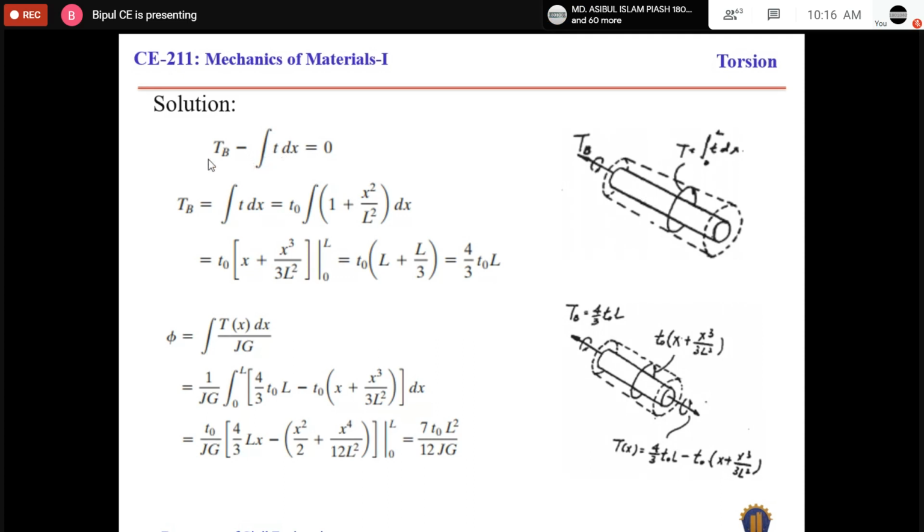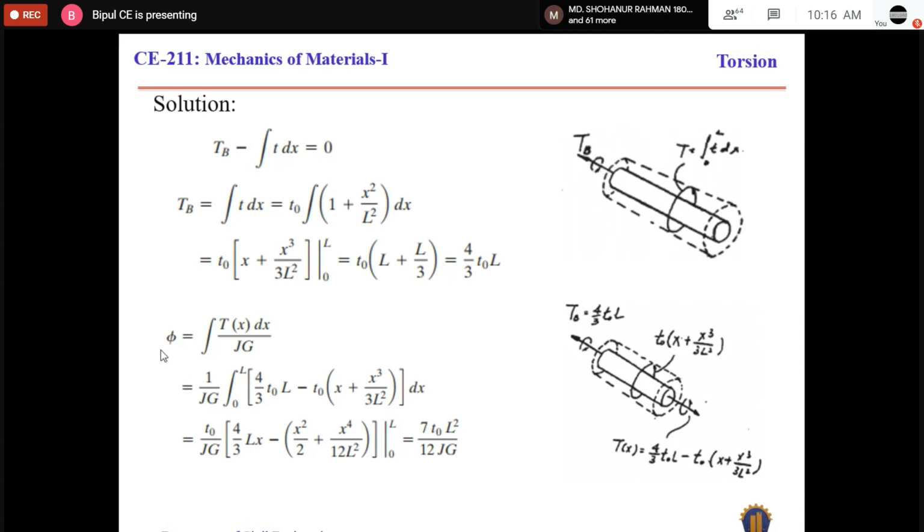This is the applied torque, and this is the internal torque, or the torque at the support. So substitute the equation of Tx and integrate over 0 to L. Then the internal torque developed at point B will be 4 by 3 T naught L. So that is the internal torque at point B.